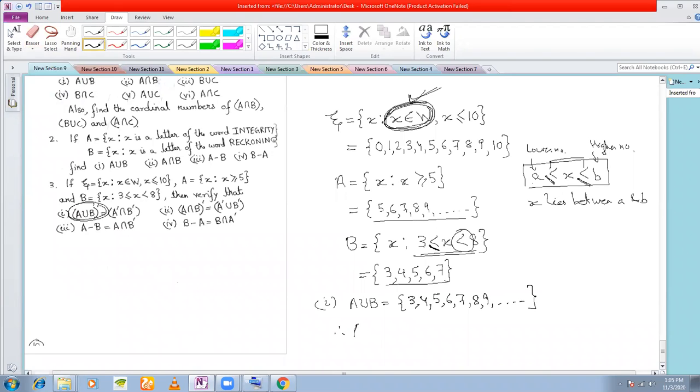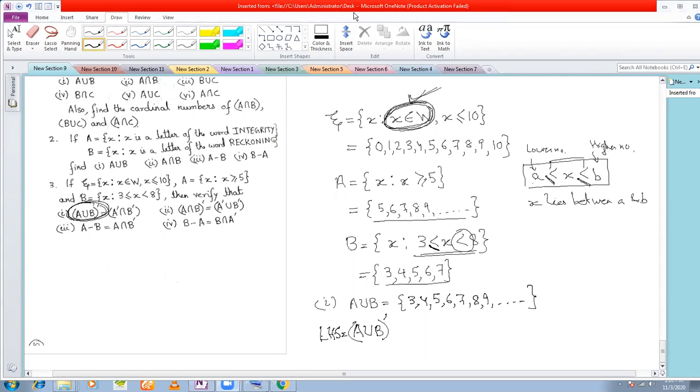So therefore, what should be A union B complement? What do you mean by complement? This is A union B complement, this expression. Complement means whatever elements are there that are not there in that set.